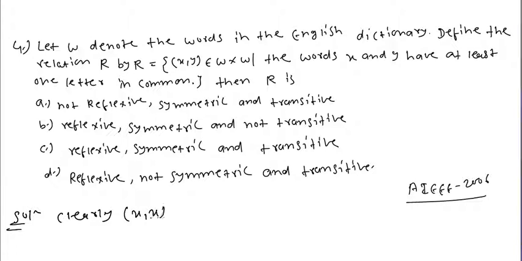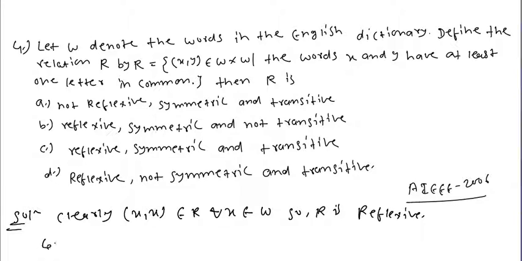The pair (X, X) belongs to the relation for all X belonging to W. So R is reflexive, because for every element X and X, at least one letter will be common. So it is reflexive.